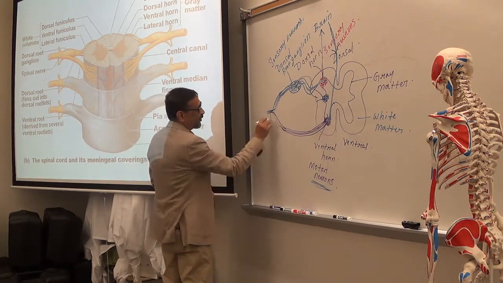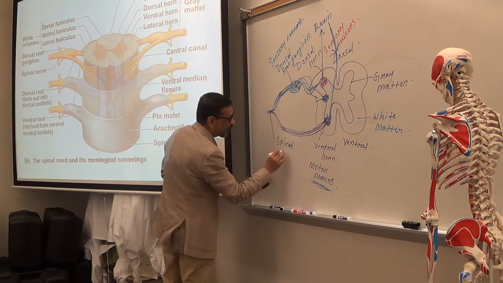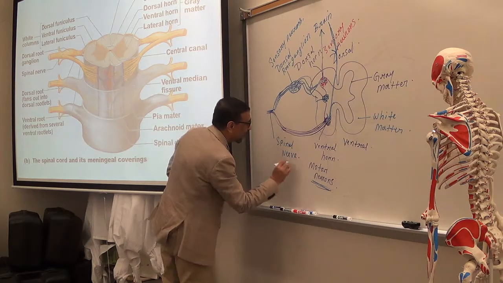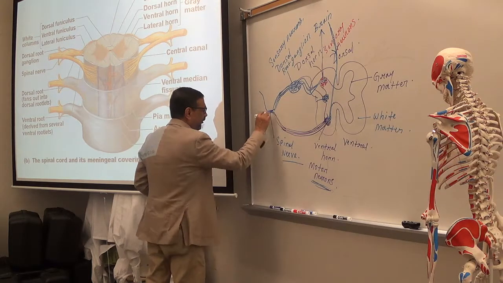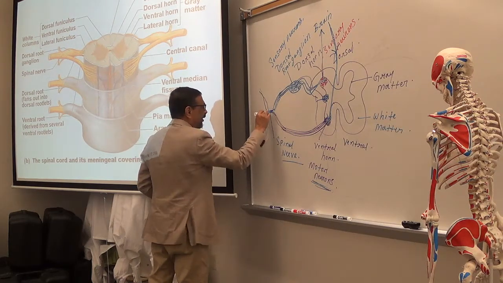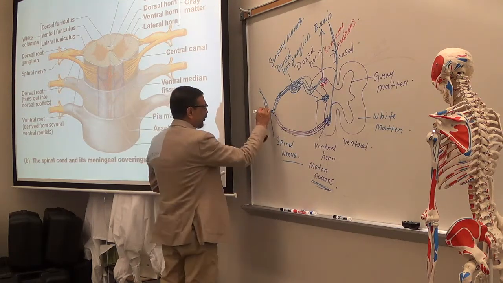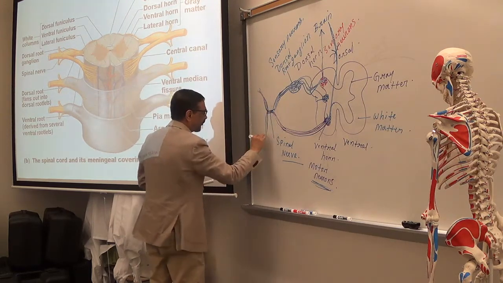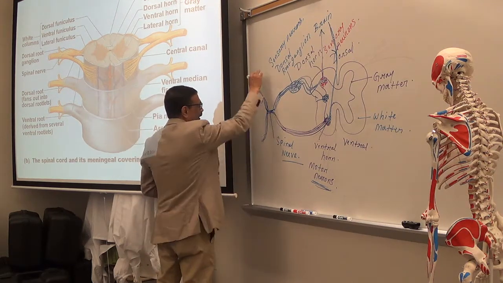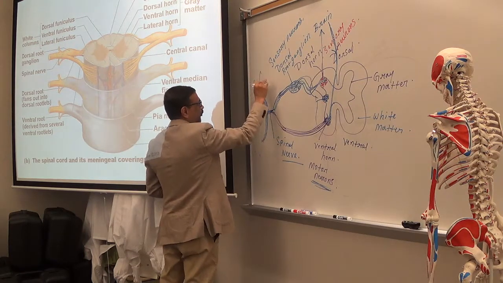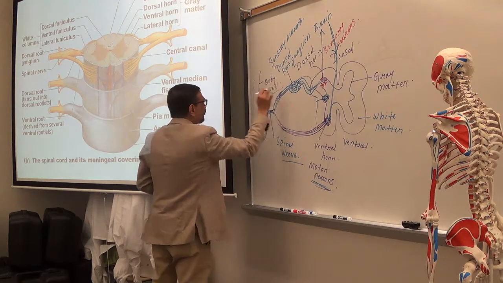Okay, and this is the spinal cord, spinal nerve. Spinal nerve. Okay, and then from the spinal nerve, two branches arise like this, and go to the body wall. This is the body wall. Body wall. Okay.